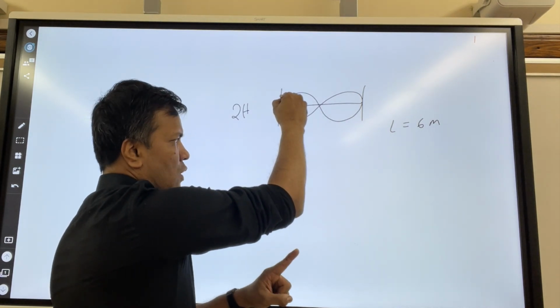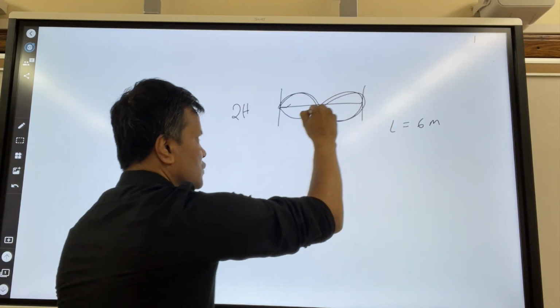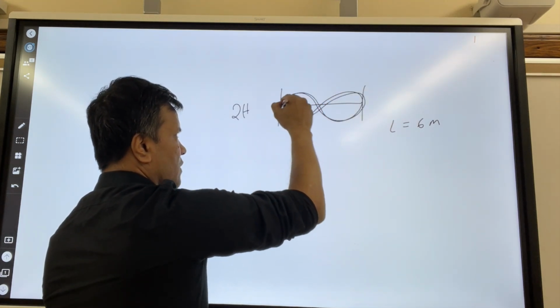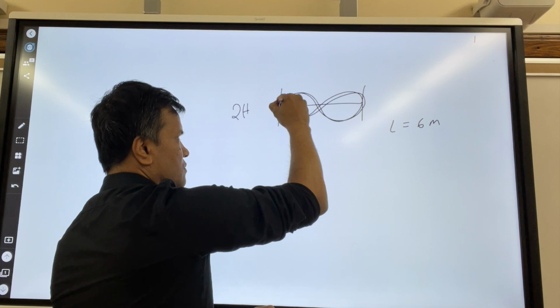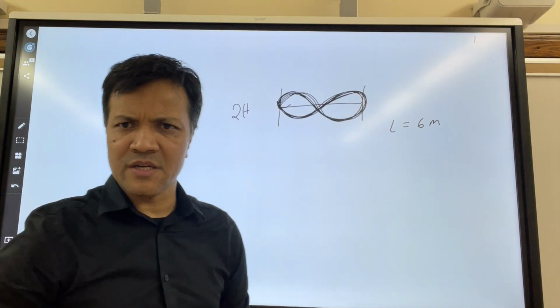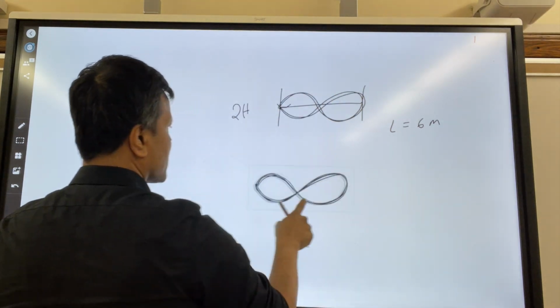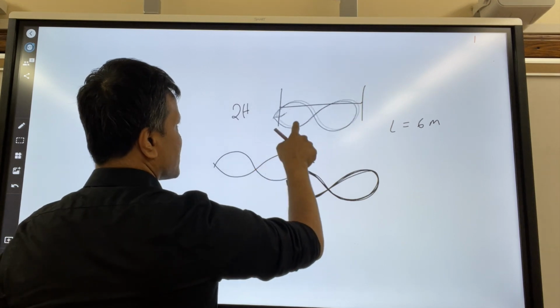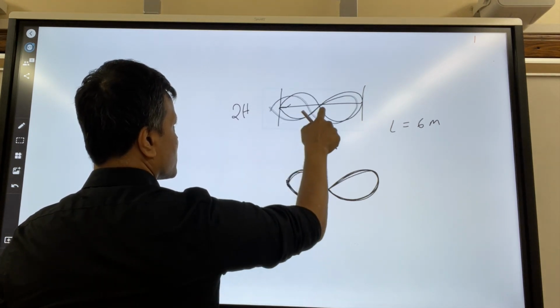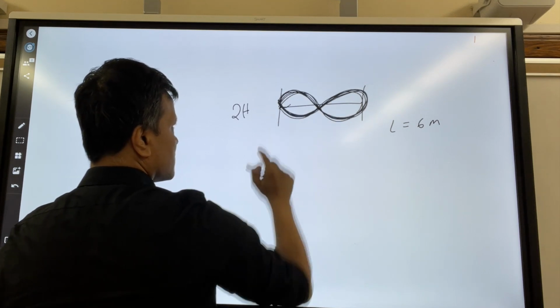So count the seconds: 1 cycle, 2 cycles. One cycle took about 2 seconds, 2 cycles took 4 seconds. How many cycles did I draw? I don't remember. Let's say I did 3 cycles with the 2 loops.